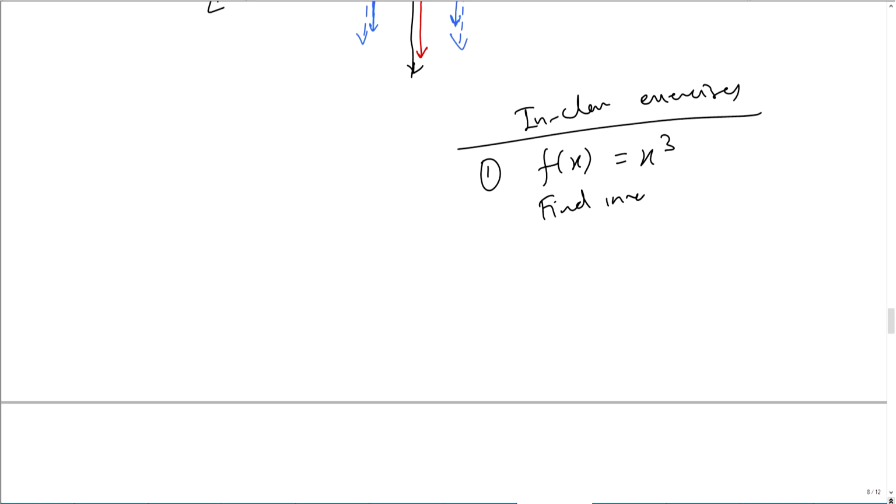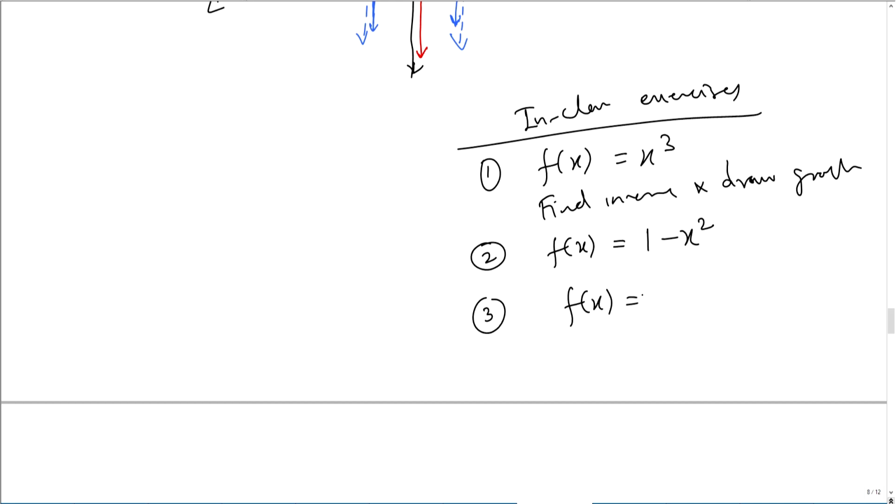You need to find the inverse and draw graphs for all these problems. Another function is f of x equals 1 minus x square. Another is 1 by 2x plus 1, right? So do it for these three.